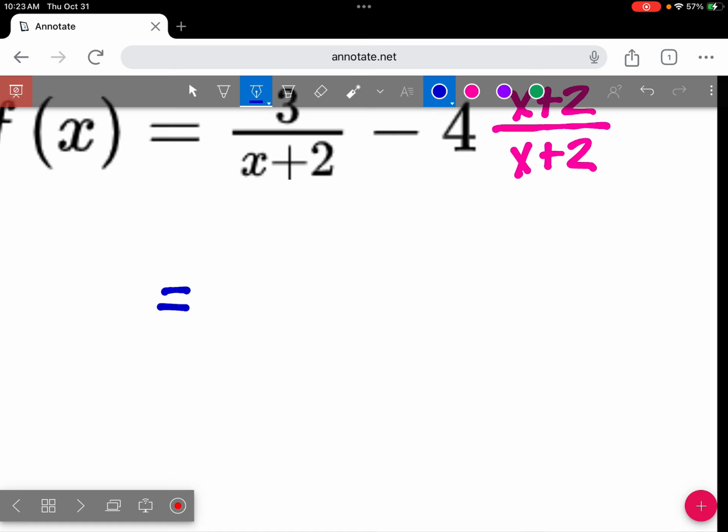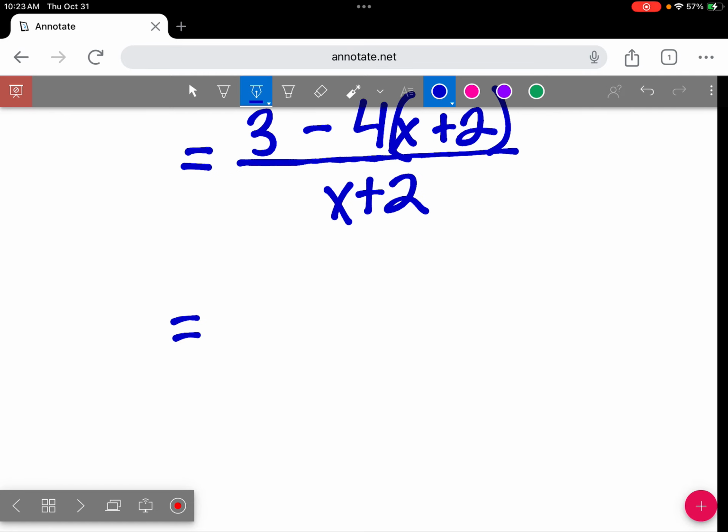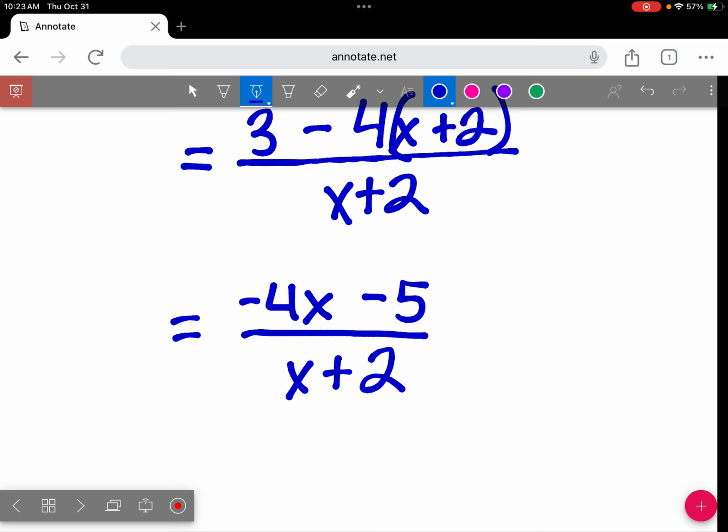So we have 3 minus 4 times x plus 2, over x plus 2. Which when we simplify this one, what do we get? Negative 4x minus 5 over x plus 2.